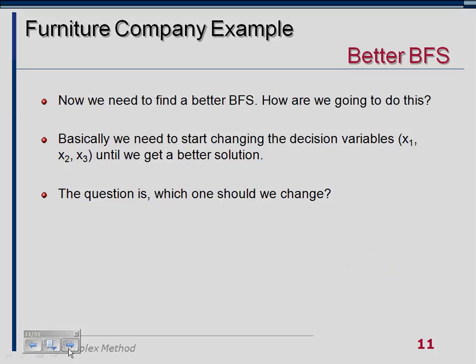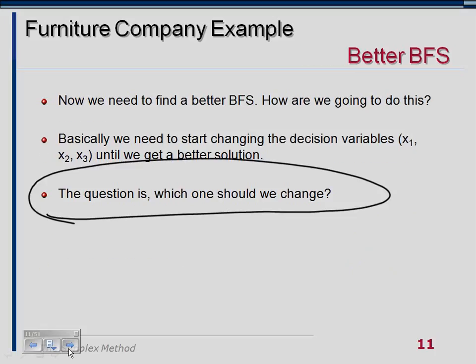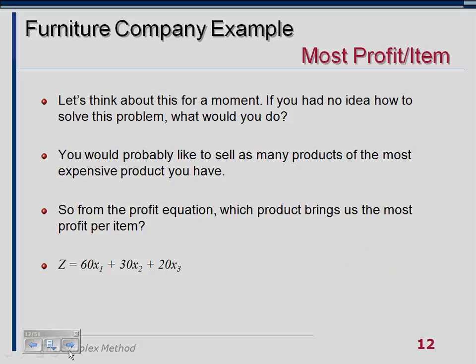So here's what we're going to do. We need to start changing the decision variables, x1, x2 and x3, until we get a better solution. The question is, which one should we change? Here's what I want you to think about for a moment. First day of the semester, I came in and gave you this problem. You had no idea how to solve it.